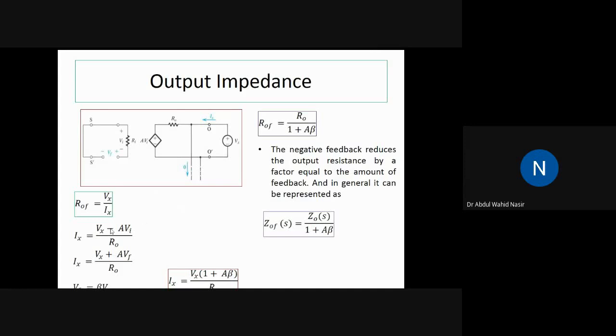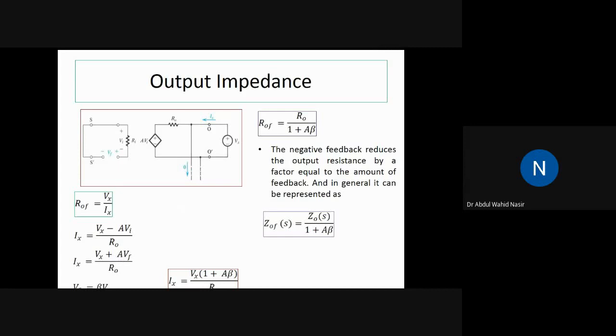So in this relation, since the input voltage source is shorted, Vi is equal to minus Vf. If you substitute this value here, then you will have the current as Ix is equal to Vx plus A Vf by R naught. Clear?